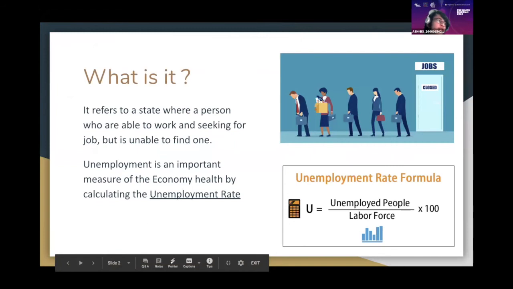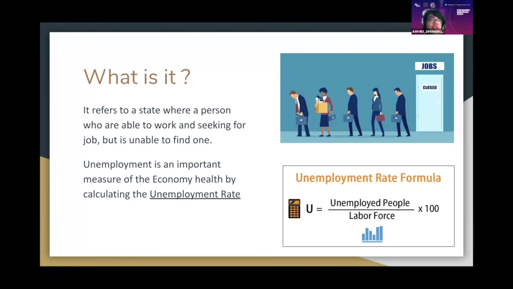All right, so unemployment refers to a state where a person who is able to work is unable to find a job for whatever reason. Usually this is a macroeconomics concept, and there is a formula to calculate the health of the economy, how many people in an economy don't have a job.